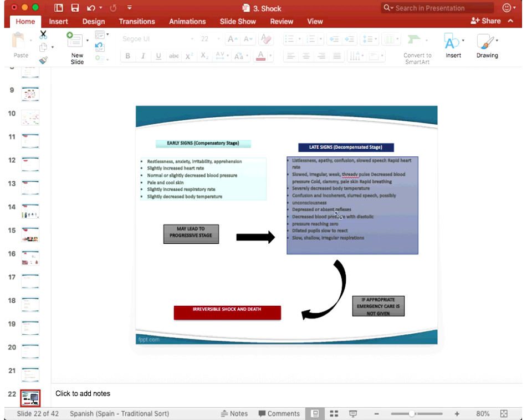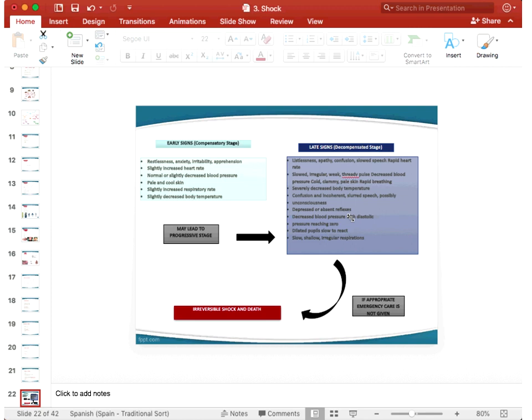The blood pressure is very low. He is tachycardic, and he has irregular respirations. Watch out for this. Now, we can make an intervention right here, in order not to be too late. If you see this, you have to act quickly.